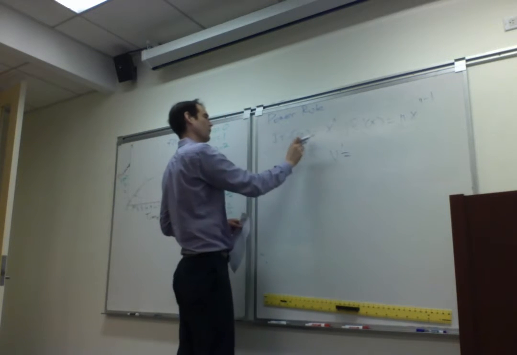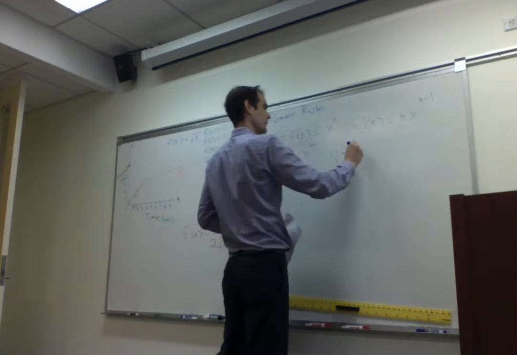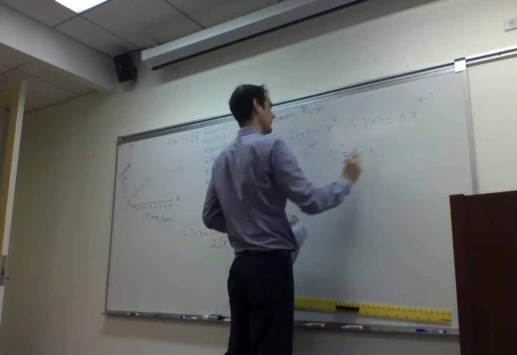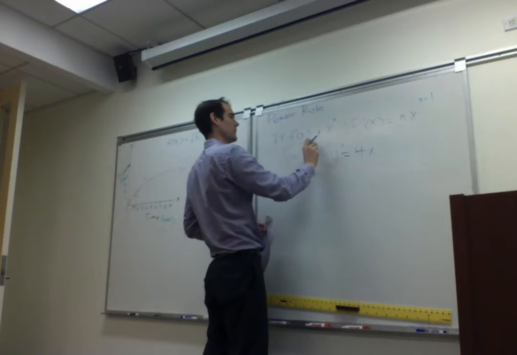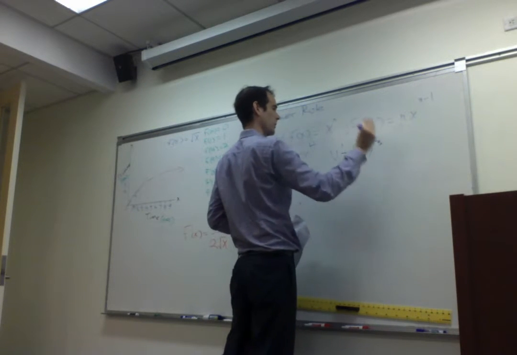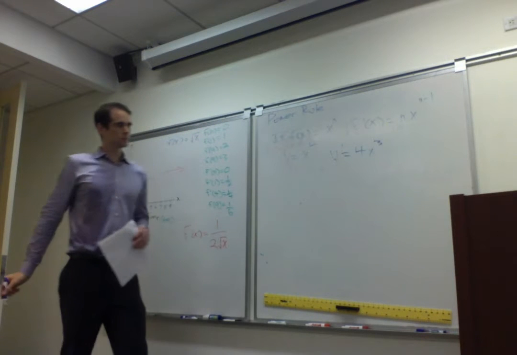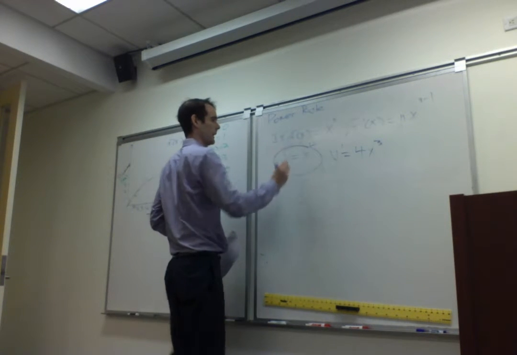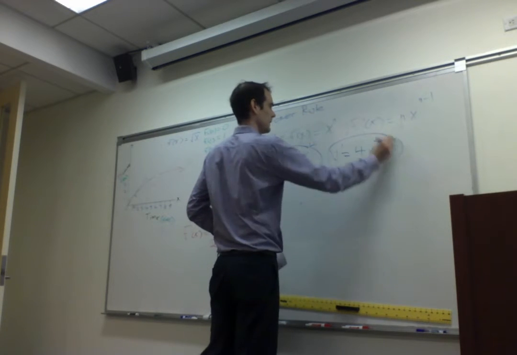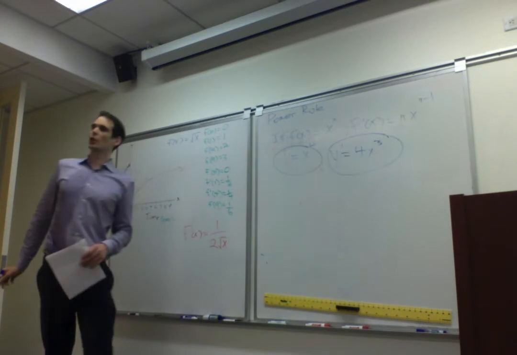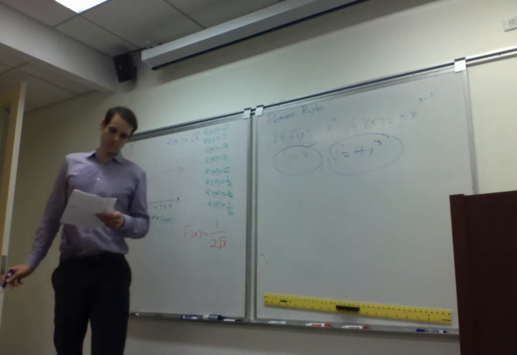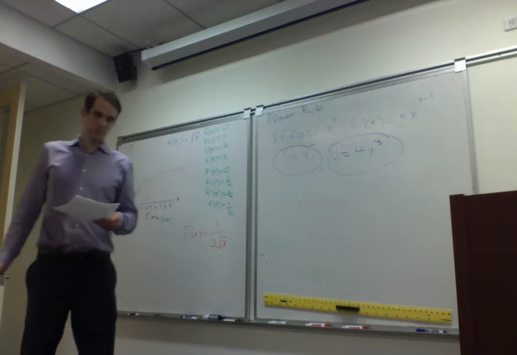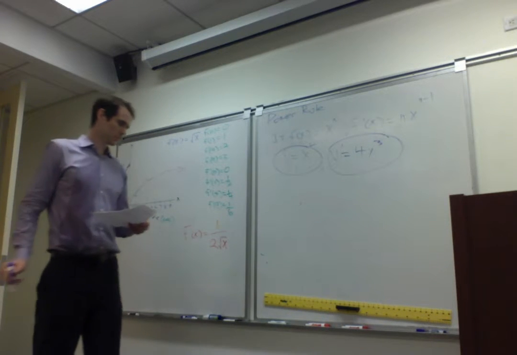We take the 4, put it in front of the x, so 4 times x raised to the 4 minus 1, which is 3. So y equals x to the 4th, y prime equals 4x to the third. Rocking and rolling.